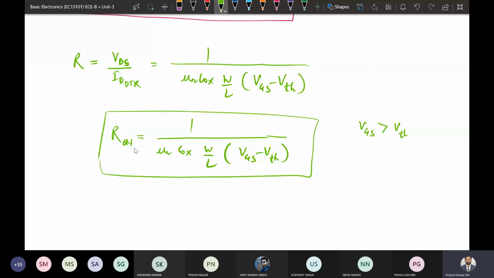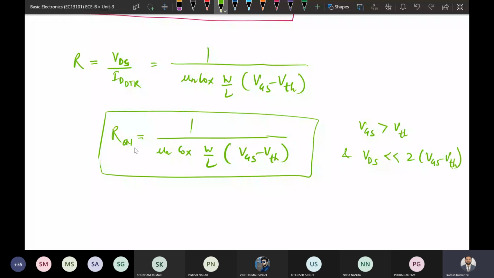The third term is VGS minus VTH, which is called the overdrive voltage. So this is how the MOSFET behaves like a voltage dependent resistor.